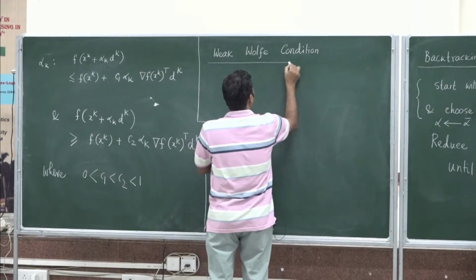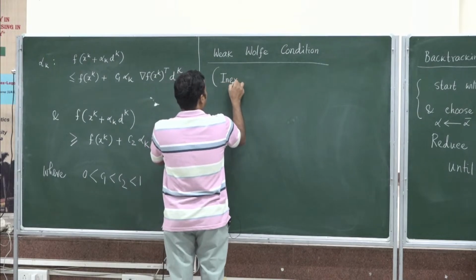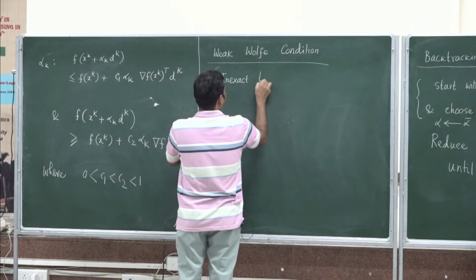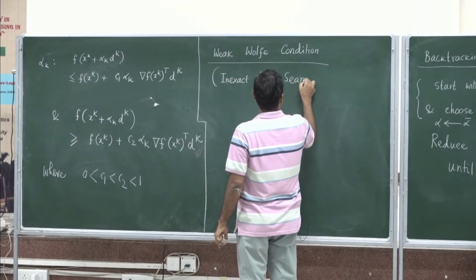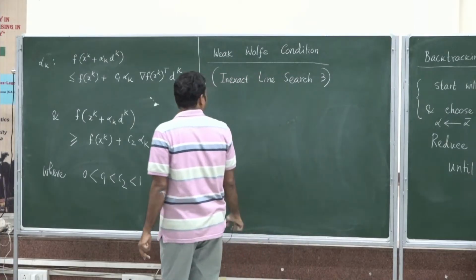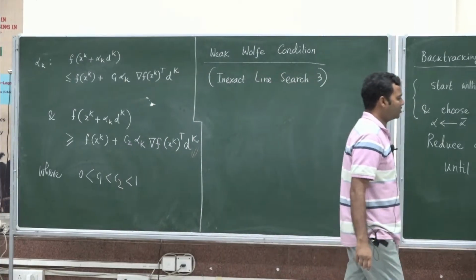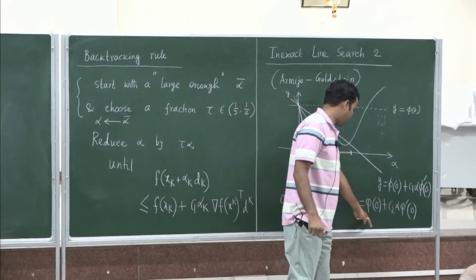And this is our inexact line search 3. We notice from this condition in terms of alpha, I did not write it.